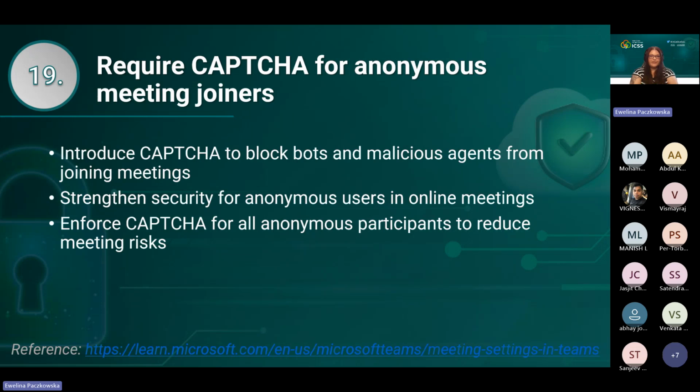Okay, tip number 19 is to require CAPTCHA for anonymous meeting joiners. This specific setting would prevent bots from snooping on meetings. I actually had a client come up to me saying that they were in a meeting, they're not paying for the M365 Copilot license, so they had no options for transcription or anything like that, but they were meeting with an external organization who recorded the meeting and was also using some kind of a tool to transcribe it.